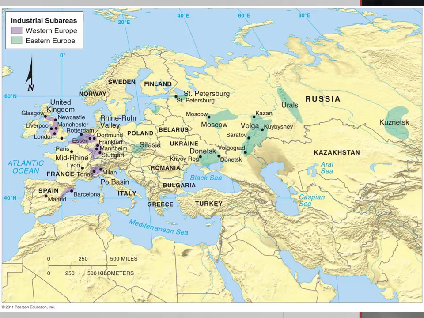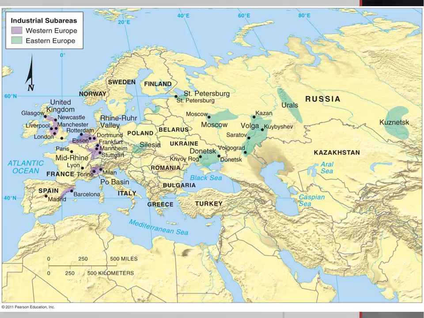Now that's Western Europe. On the Eastern European side, as we get started, we start out with Moscow. And in Moscow, they specialize in things like fabrics and different industries that are going to require very skilled labor. So typically that's going to be higher wage work, very skilled labor coming out of Moscow. St. Petersburg, that you can see there on the Baltic Sea, is specializing in shipbuilding.